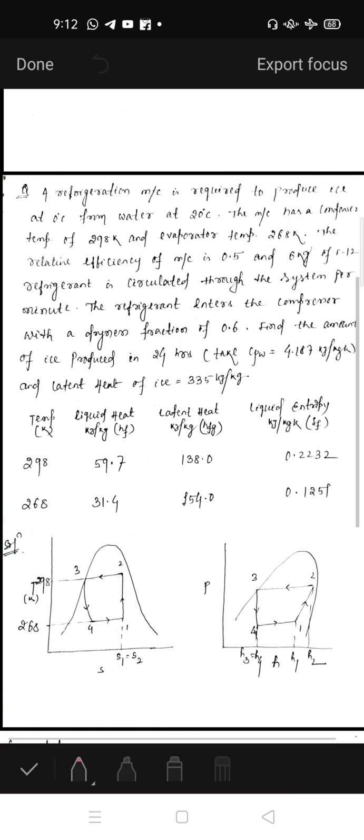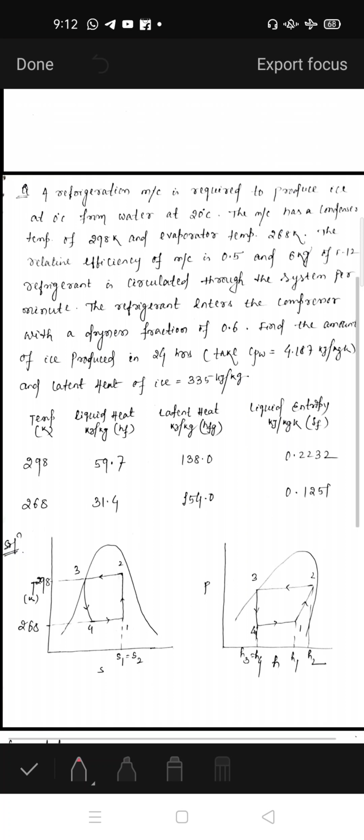You have to understand from this sentence, and our aim is to find the amount of ice produced in 24 hours. Okay, means how much ice can you make in one day. And CPW, specific heat of water, is given. If it is not given, you can take 4.2, but here the question says it is 4.187, so no problem, you have to take that value.